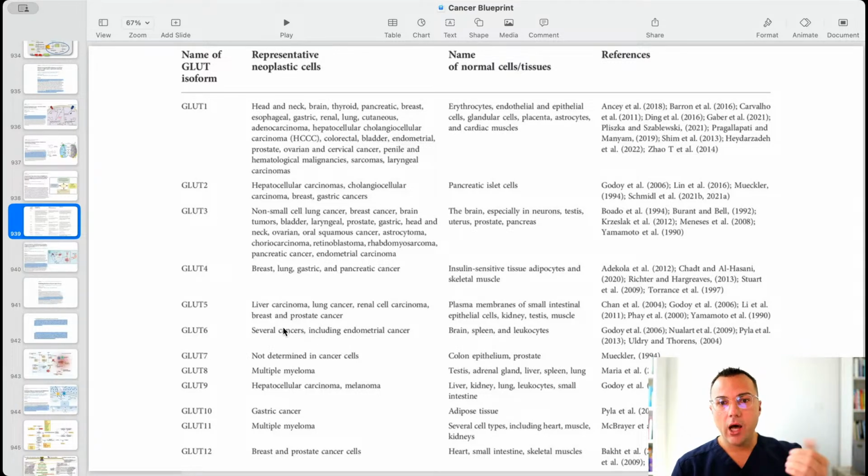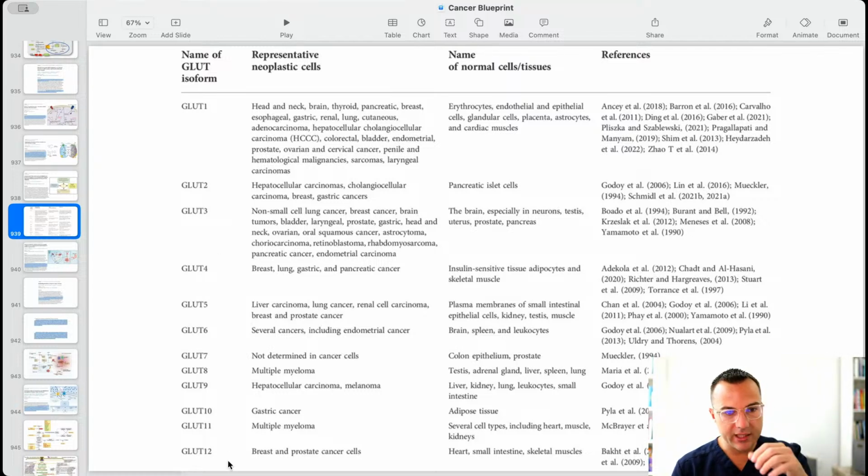Now they have much more data, and they're able to say, okay, GLUT1: head and neck, brain, thyroid, pancreatic, breast, esophageal, gastric, renal, lung, cutaneous adenocarcinoma, and so on, all the way down the list. Then GLUT2: hepatocellular carcinoma, cholangiocellular carcinoma, breast, gastric cancers. And GLUT4: breast, lung, gastric, pancreatic. GLUT5: liver carcinoma, lung cancer, renal cell carcinoma, breast, and prostate cancer. And then all the way down to GLUT12, right?